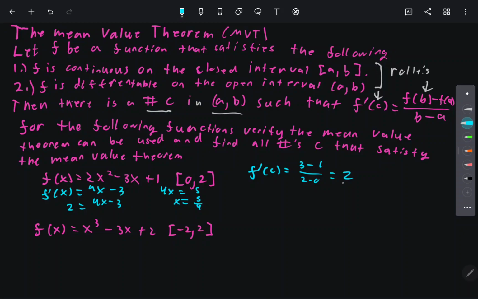So let's think about this again. This is a polynomial, so it is differentiable and continuous for all real numbers. So then there must be a number c.